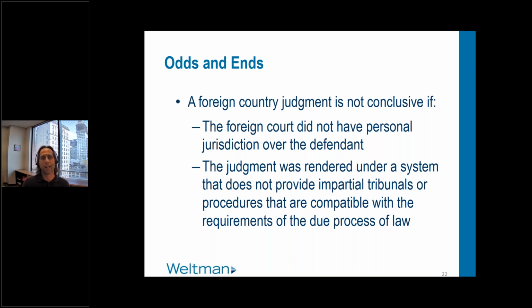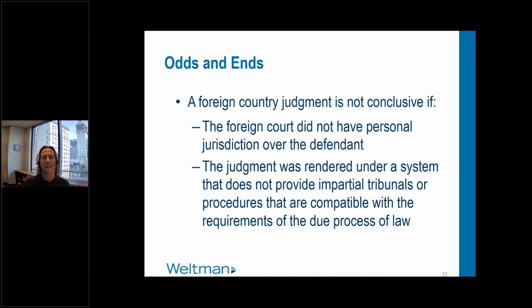And this last one, I think, is an important one: a judgment is not conclusive if it was rendered under a system that does not provide impartial tribunals or procedures compatible with the requirements of due process of law.